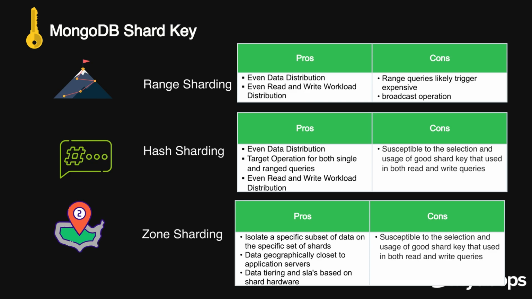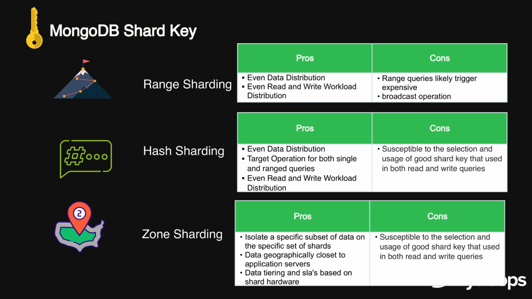This is one important decision you need to take: which shard key you are going to use. Every shard key has its own advantage and disadvantage, depending on how your data is and how your application behaves. If you are going for range operation business queries, a range key is better.